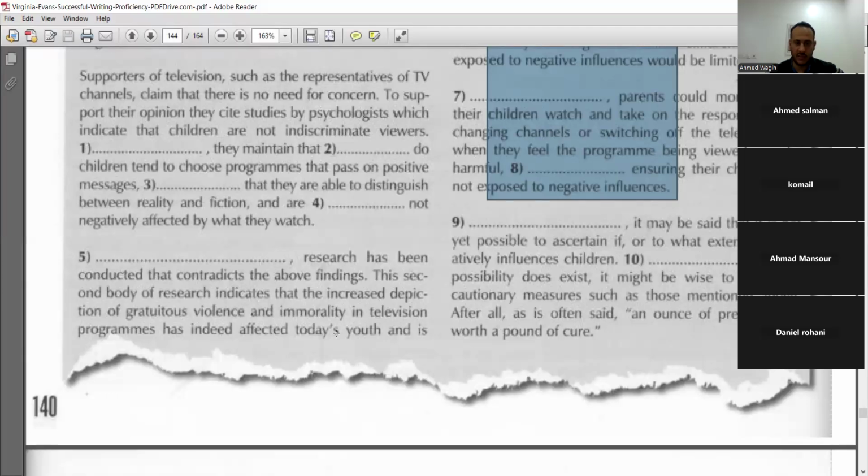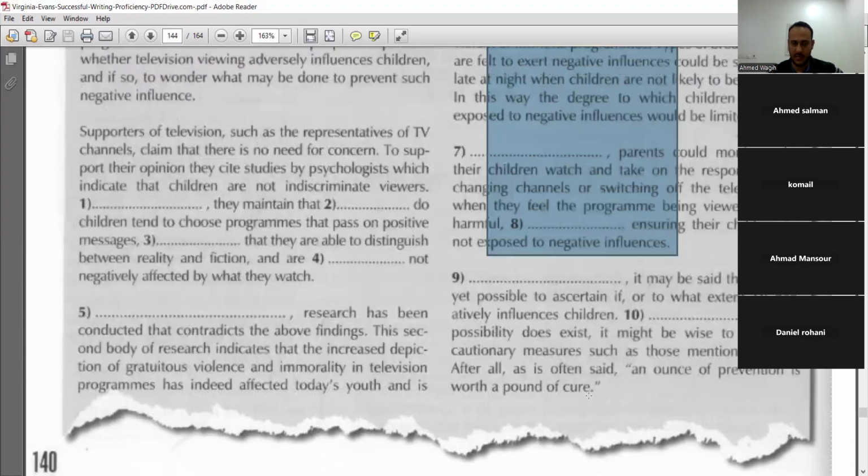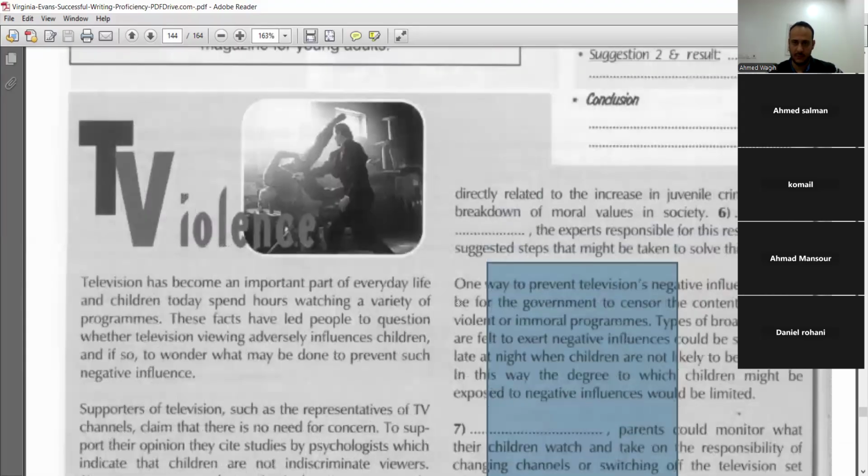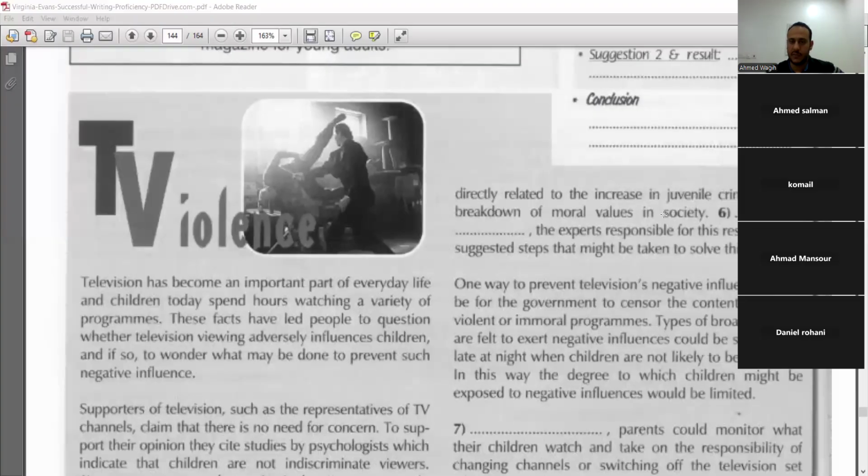atrocious violence and immorality in television programs has indeed affected today's youth and is directly related to the increase in juvenile crime and the breakdown of moral values in the society.